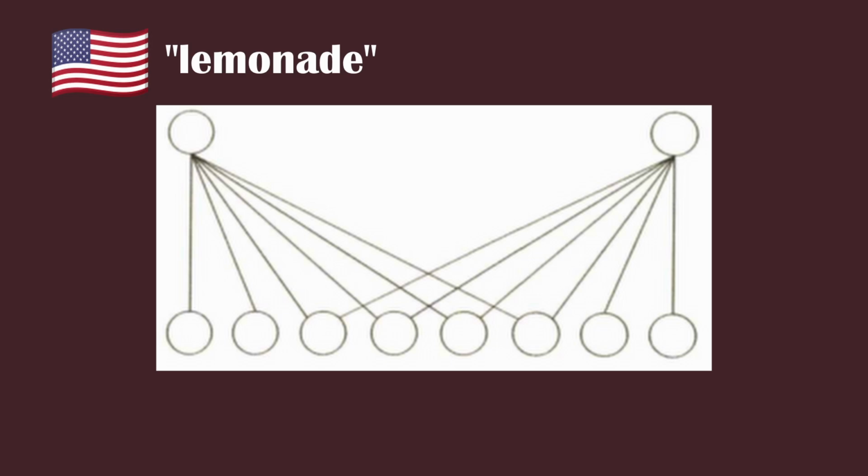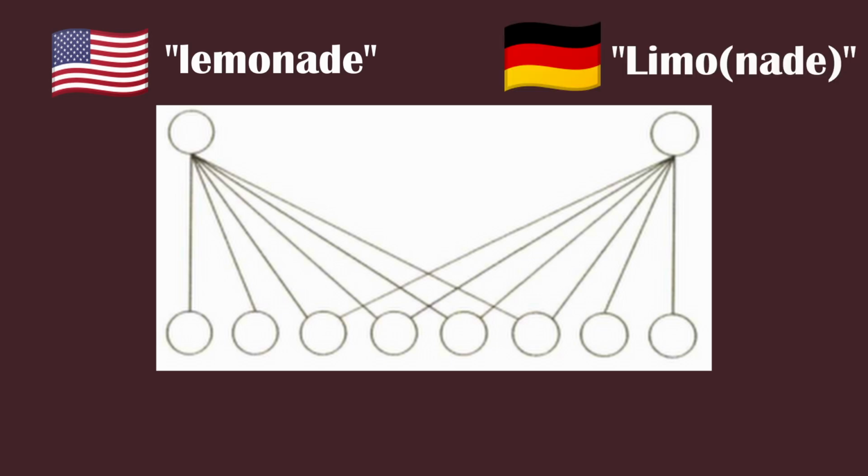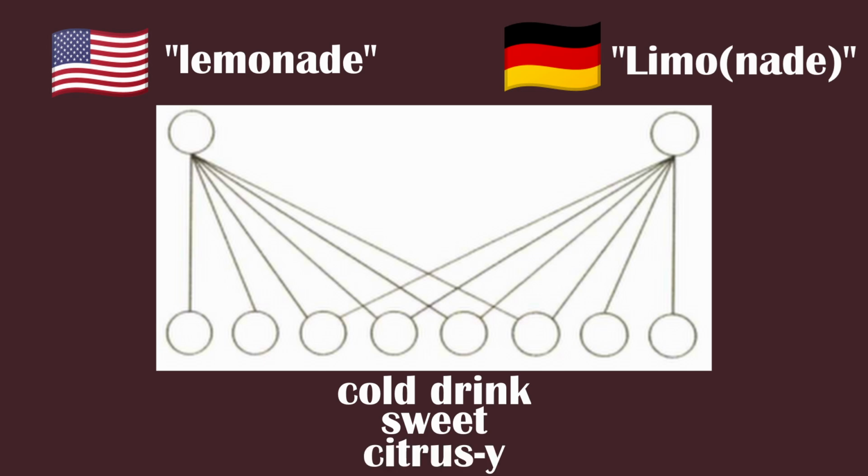If we look at lemonade and the German translation Limonade, for example, we can see that in both languages they describe a cold drink that is usually somewhat sweet and includes some kind of citrus fruit. However, in German, lemonade can also be made from other fruit, and it is usually made with sparkling water. I obviously had to simplify a lot of things here, but it is important to note that this is an incredibly complex system with many layers and connections.